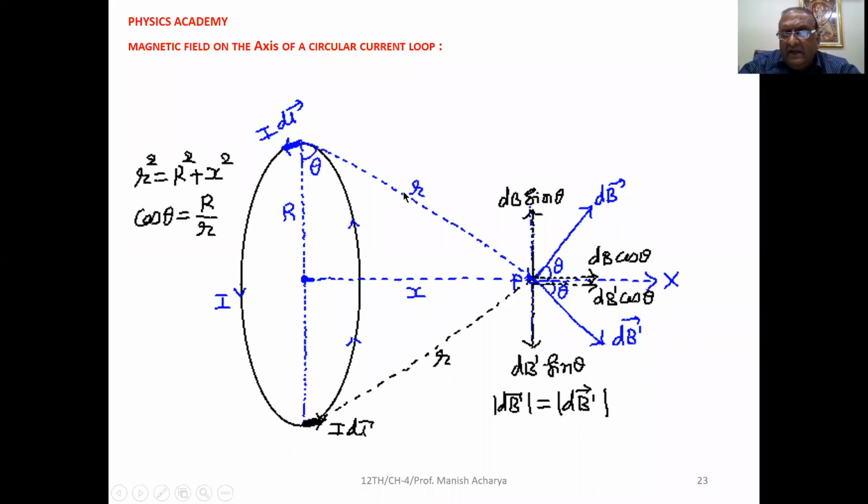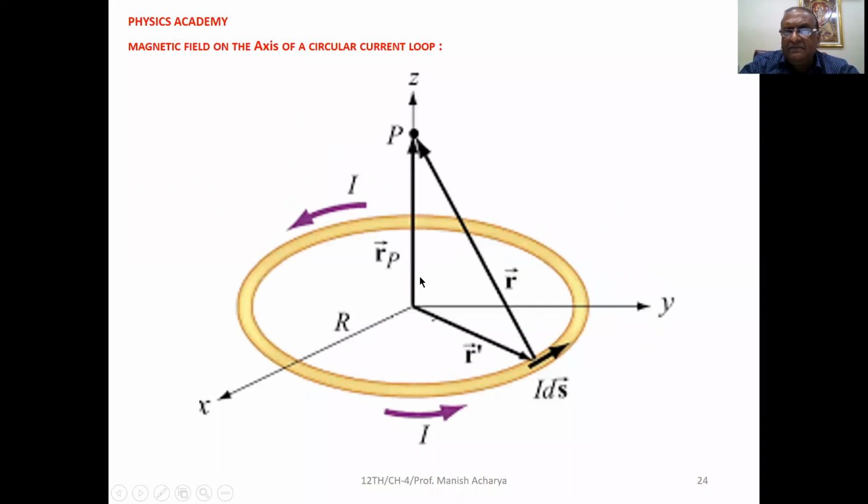IDL and R are both perpendicular to each other. To understand it, consider this figure. See, this is the current element, and this is the position vector of point P. So the angle between R and this current element is 90 degrees, because this is tangential and this is radial.